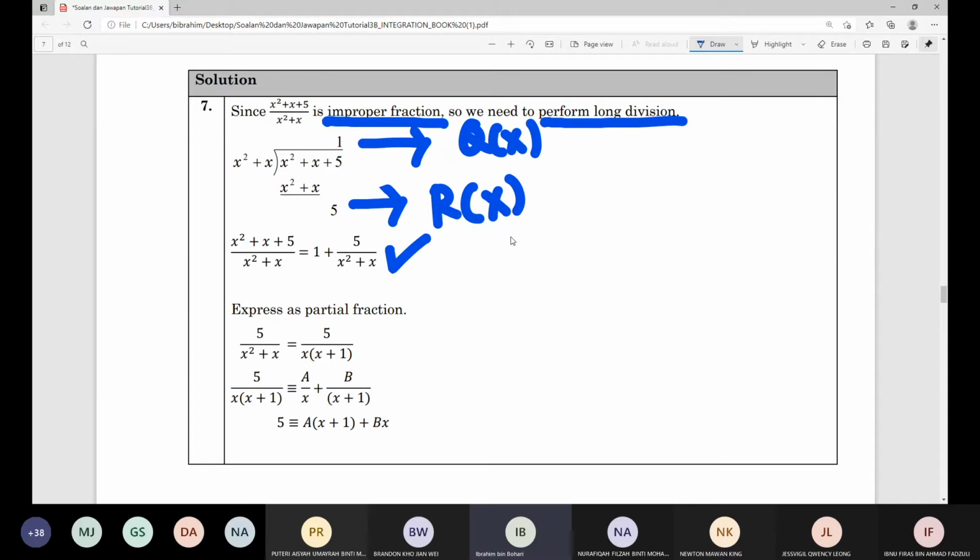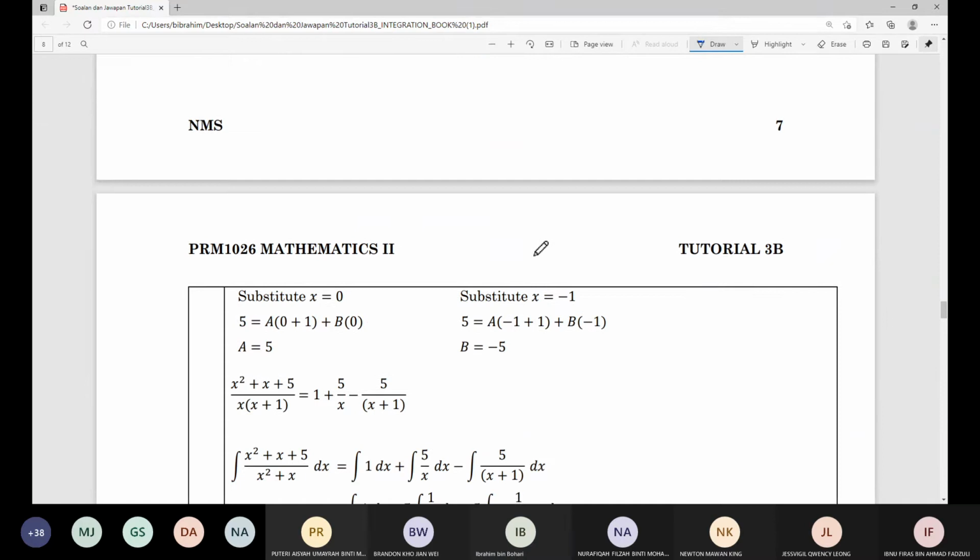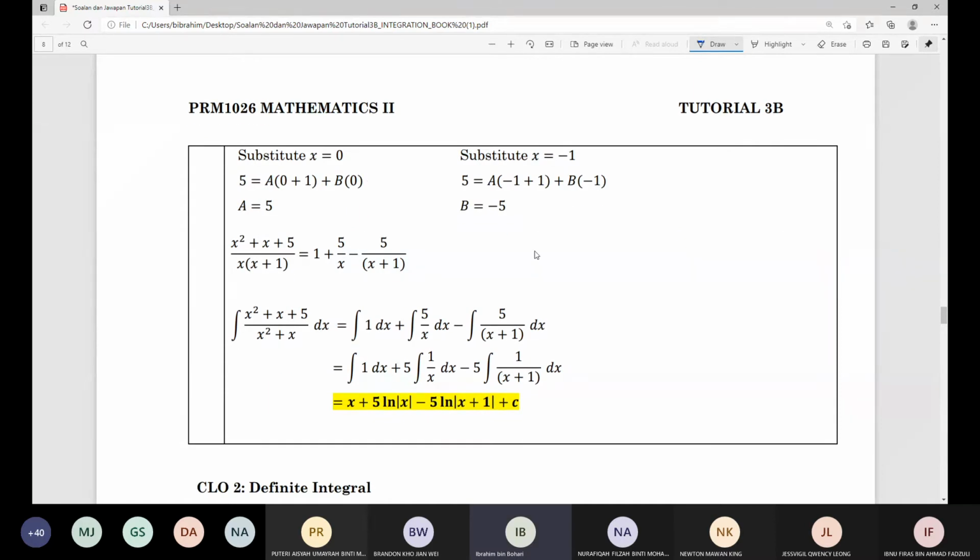Then write in partial fractions: 5 over x times x plus 1, and the denominator is A over x plus B over x plus 1. Many can do this too. The denominator has linear factors x and x plus 1, and you find the values of A and B. So A equals 5 and B equals negative 5.